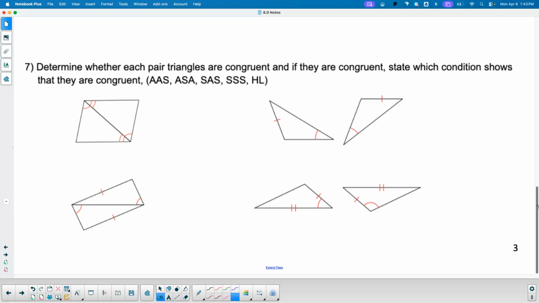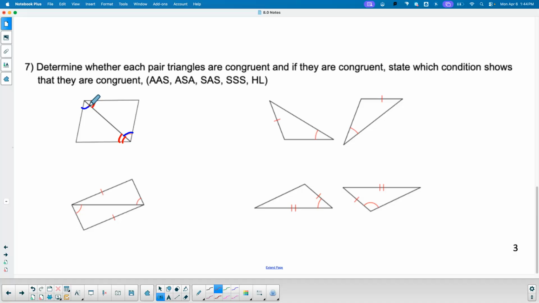What do we have? What's given to us that's congruent? We got two angles. Okay? So we got this blue angle, and then we've got this right angle. Anything else that we can say is congruent?